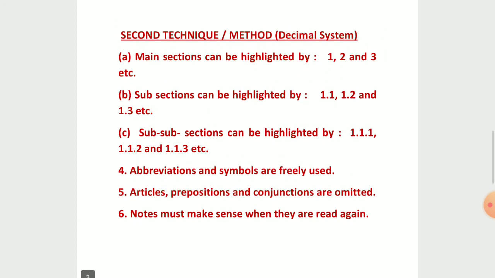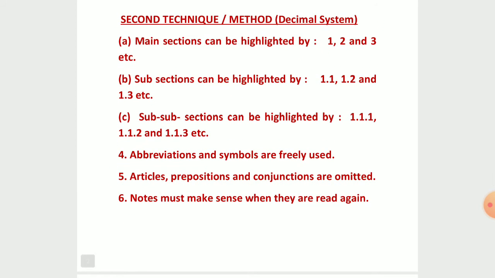So the second technique is the decimal system, as I told you all. Here the main sections can be highlighted by the numerals 1, 2 and 3. That means the main section part in the first technique as well as in the decimal system, this second technique, is absolutely the same.